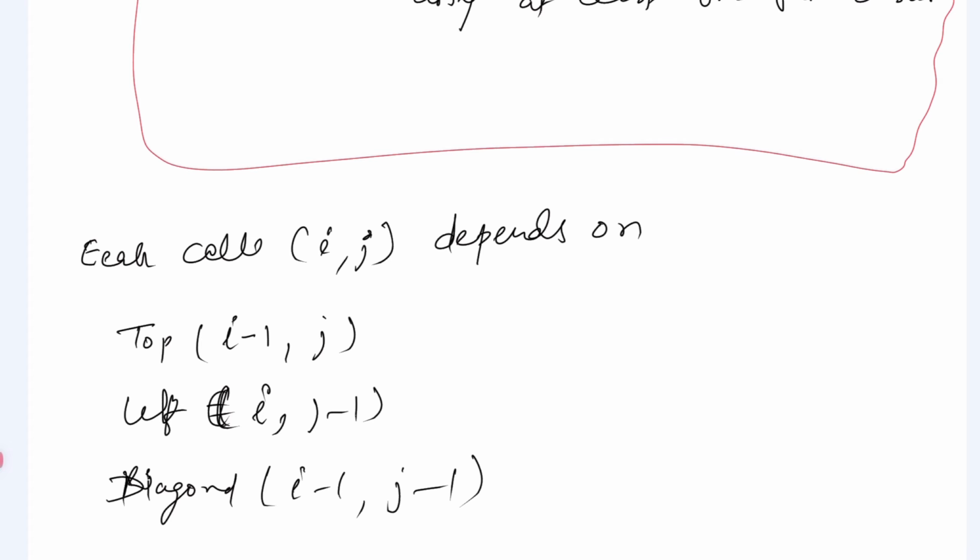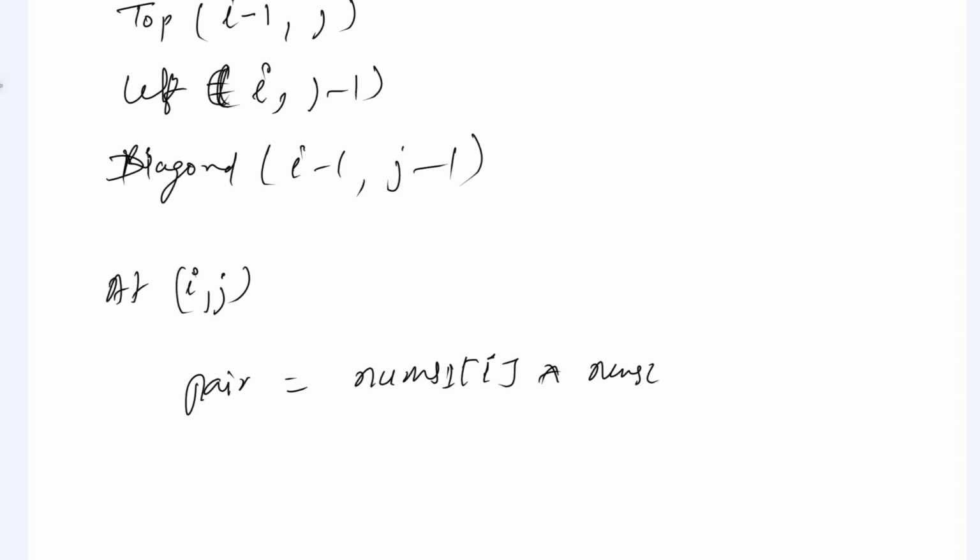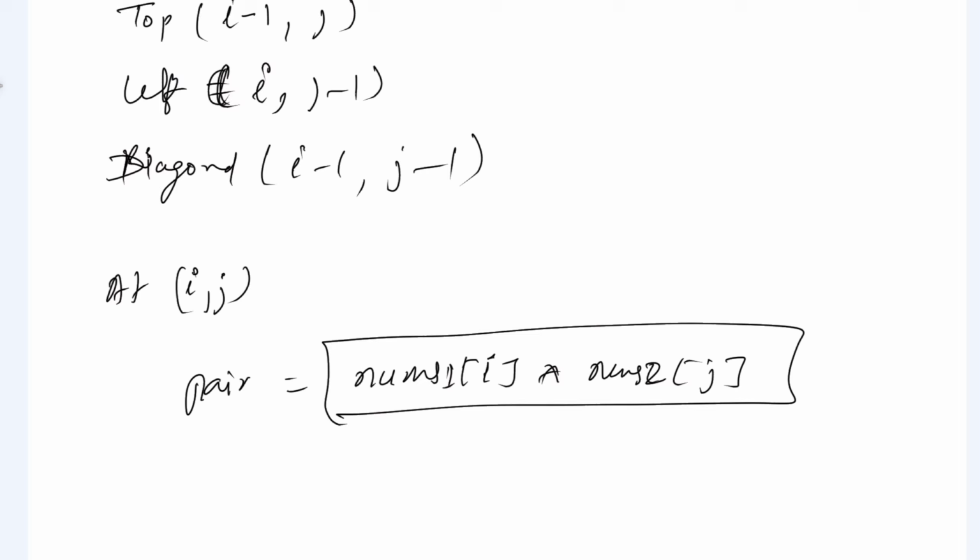Okay. Now think about how we'll find the pairs. At I and j, the pair is nums1 at I into nums2 at j. This is clear, that we know. It means dp at I and j is nothing but the maximum between what?